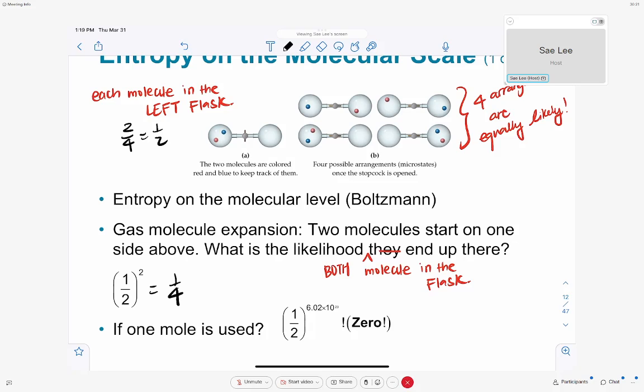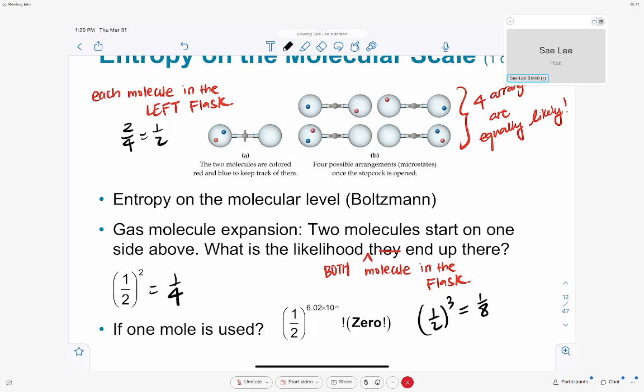So let's say we have 3 gas molecules instead of 2 over here, then the chance that all 3 are in the same flask is going to be 1 over 2 cubed, which is 1 over 8.